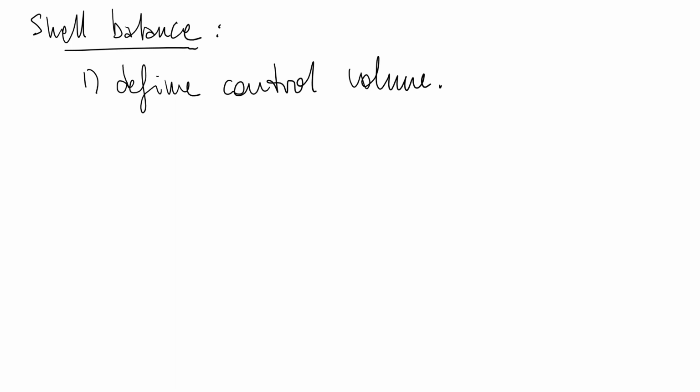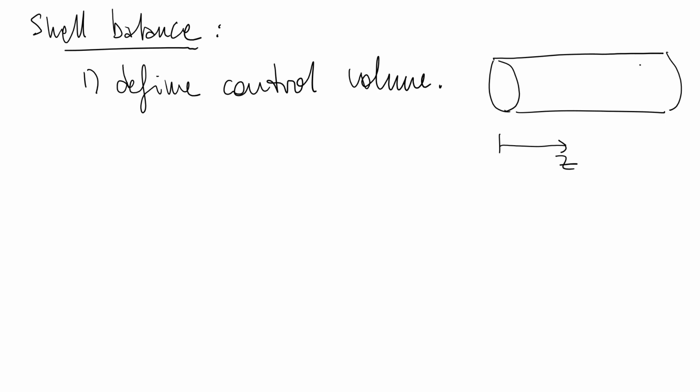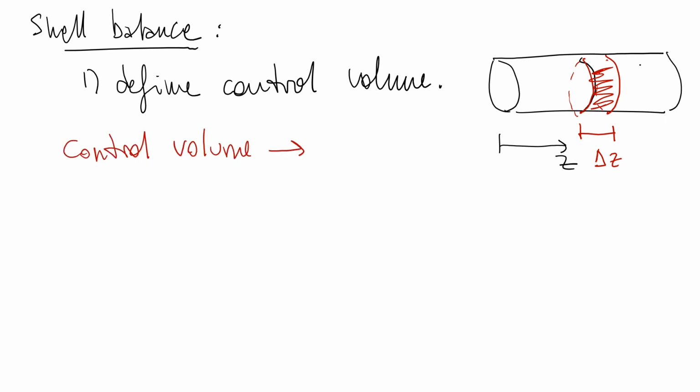So if this is our cylinder here, and this is our Z, our control volume will be defined as a disk. This disk here, thickness, let's say delta Z. And so our control volume will be this little disk of thickness delta Z, and the radius will be still RP.